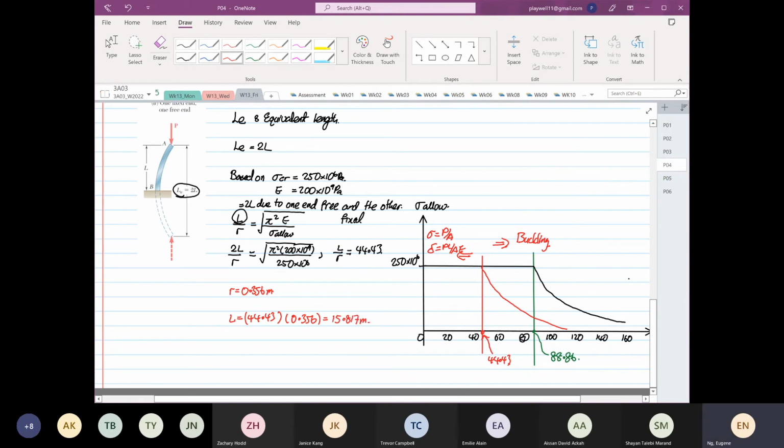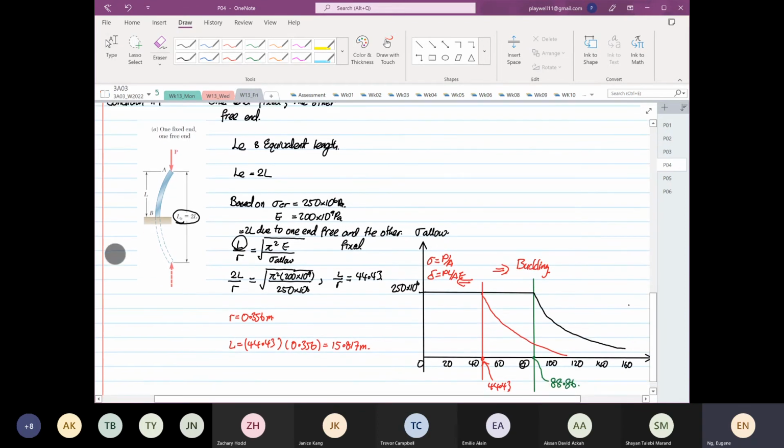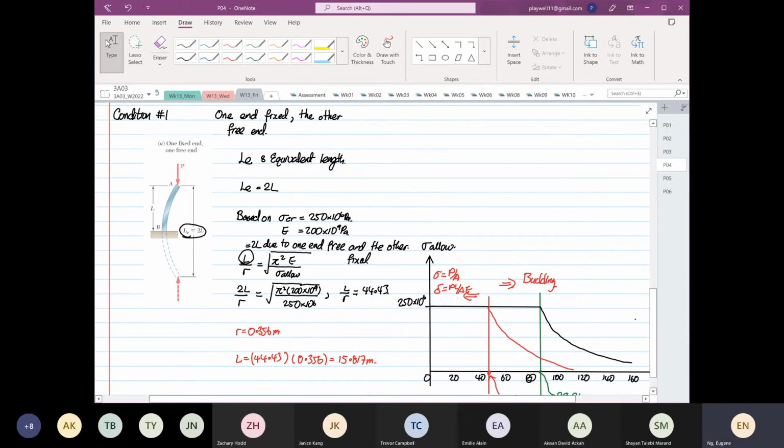So if your structure has a length of 15.817 and greater, failure will be due to what? Buckling. Okay. So this is what we call the extension of Euler's formula. And it's true, right? If a structure is loaded this way, the tendency for it to buckle is much higher. Like what I did just now with a piece of paper, right? One end is free, the other one is built in. It's not nearly built in, but it's more or less, I'll call it pin, because it will not resist any moment. Then your LE value will change.